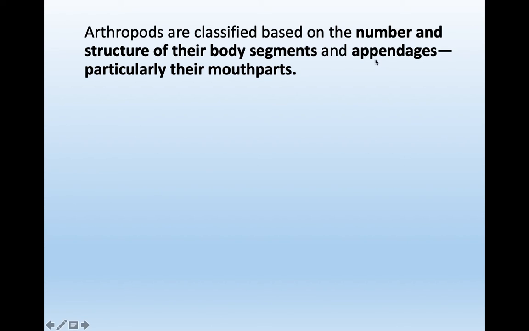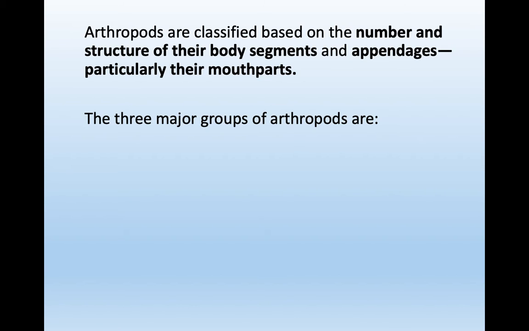Or we might even classify them according to their appendages. Remember that appendages are extensions or structures that are attached to those main body segments. Most especially, we use their mouth parts as a way of distinguishing one type of arthropod from the other. And we'll find with the 3 types of arthropods, their mouth parts are quite different from one another.